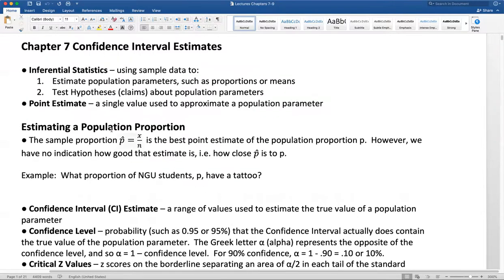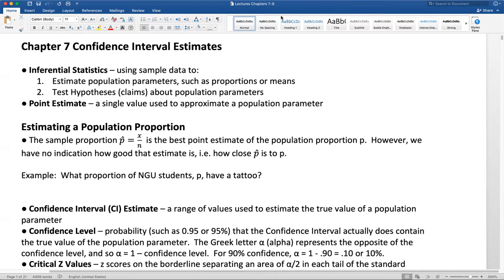By the way, we're talking about inferential statistics. Inferential statistics means that we use sample data to estimate the population parameters. Parameters are population characteristics, such as proportions, mean, and variance.